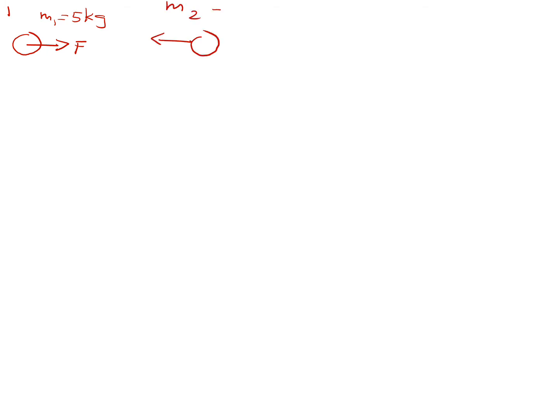Mass of particle 2 is 2 kilograms, and the distance between them, R, is let's say 3 meters.